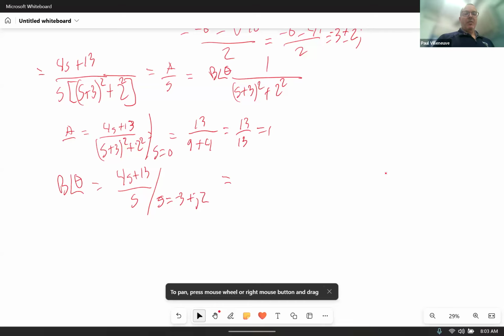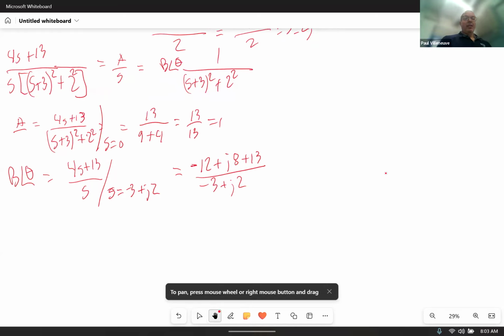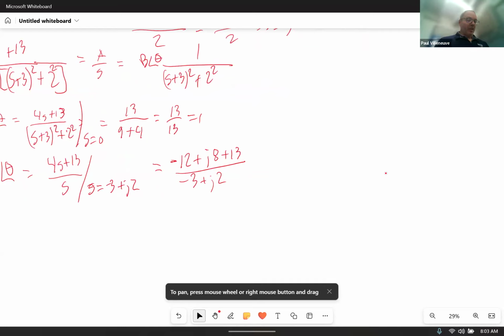So that's going to be equal to negative 12 plus j8 plus 13 all over negative 3 plus 2j. You would probably need your calculator to do that because you've got complex numbers. So I'll use my calculator, and I ended up with 2.24 at an angle of minus 63.4.